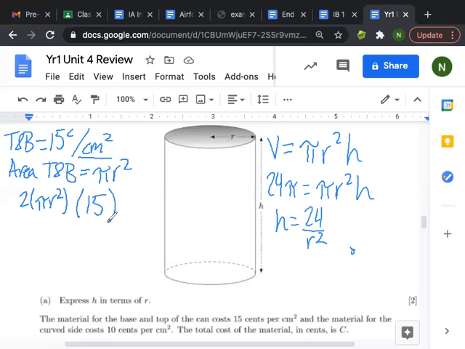Isn't it 15 per centimeter squared? So if we find the area of the whole thing, then multiply by 15.